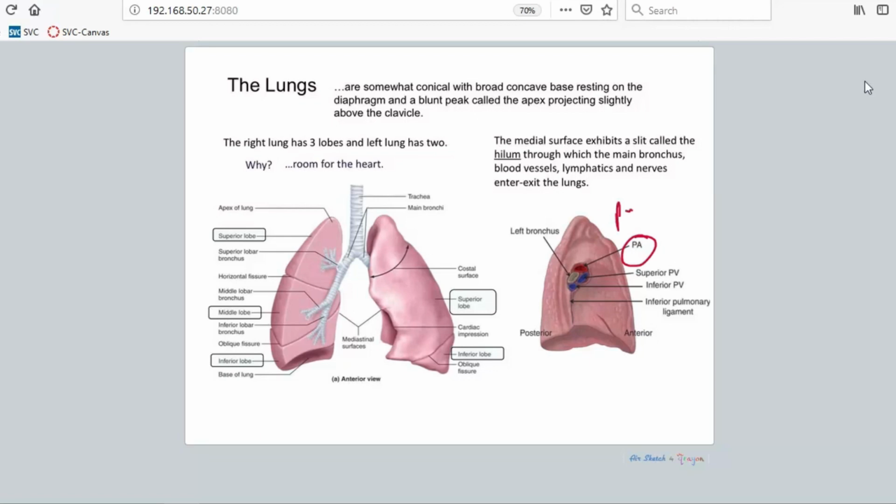Those are the pulmonary arteries. Here's the PVs. Those are the pulmonary veins. And here's the bronchi, or the bronchus. All that enters and exits the lungs through this hilum. Hilum is just a general term for this kind of slit-like entrance.